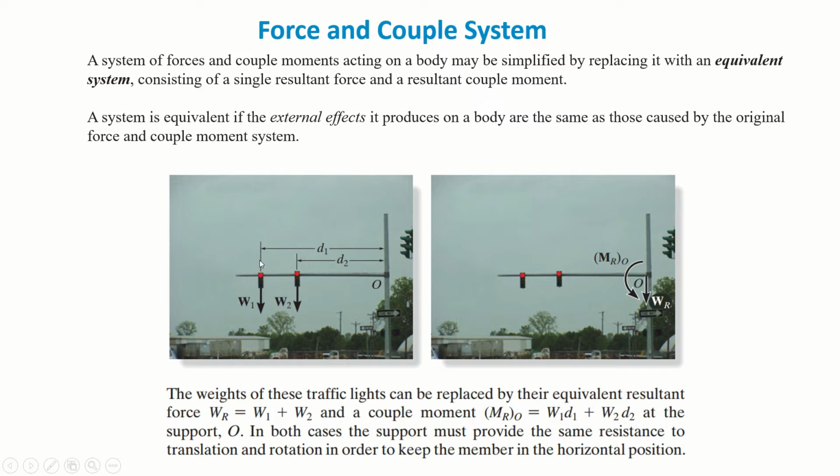So equivalent system. In this figure, you can see that there are two traffic lights having weights W1 and W2, and they are at distances D1 and D2 from their support at O. We can replace these multiple forces by a single force, and the moment produced by these two forces by a single moment, which can be represented at the support.